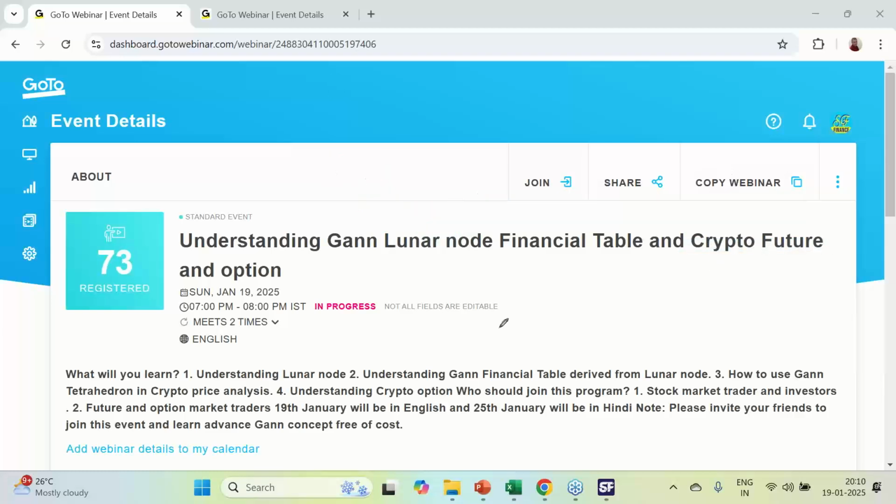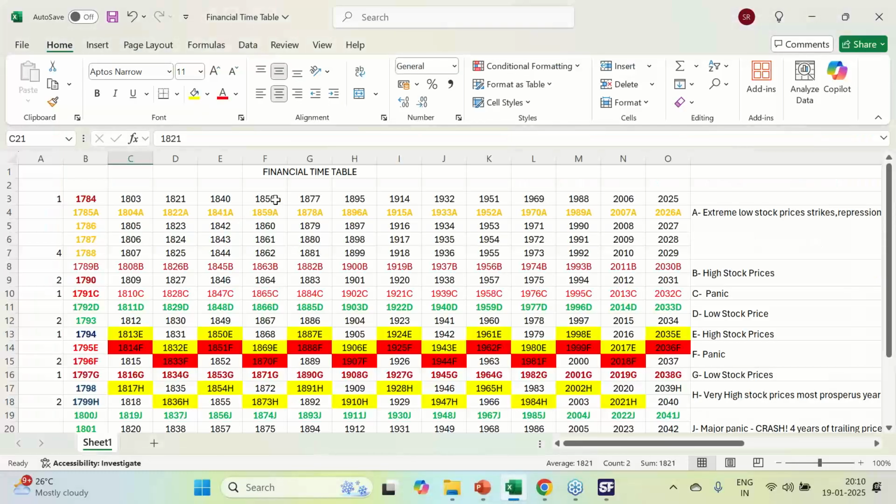What is the meaning of every lunar node year, and how is it arranged and defined? What is Gann's lunar node? That is what I have told you. How the world is reciprocating is important. It is not that one man can change anything.